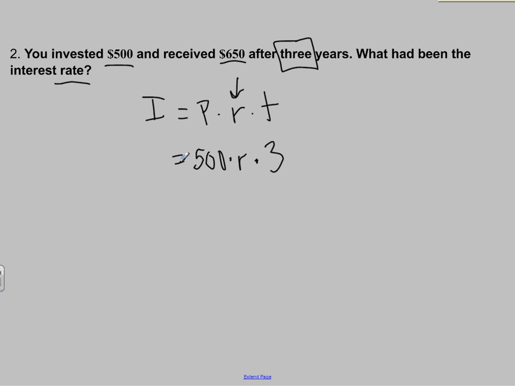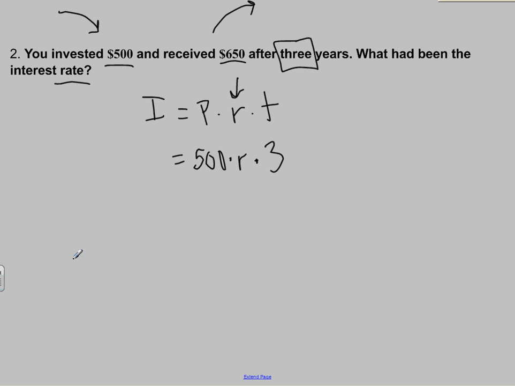Sometimes the problem will be written in such a way that you have to take an extra step. What this problem says is you put in $500 and you get $650 after 3 years. That doesn't mean that $650 is your interest.